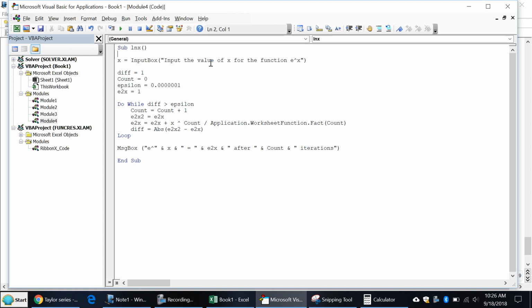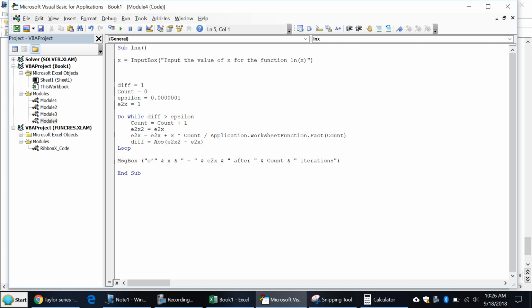I'm going to come here and say input the value of x for the function natural log x. And then I'm going to do a little trickery here. I'm going to say x is equal to 1 minus 1 divided by x. I'm going to explain where that comes from in just a moment.